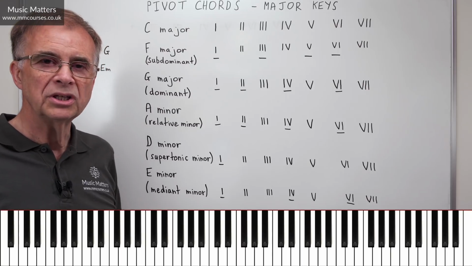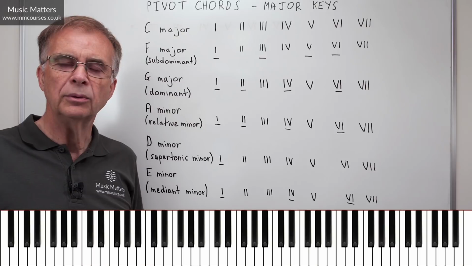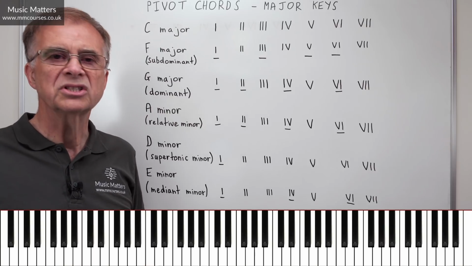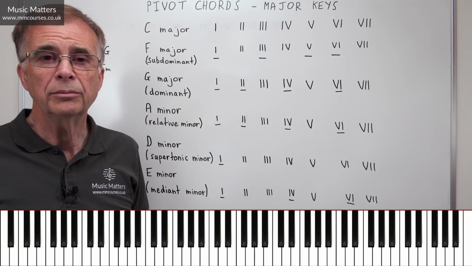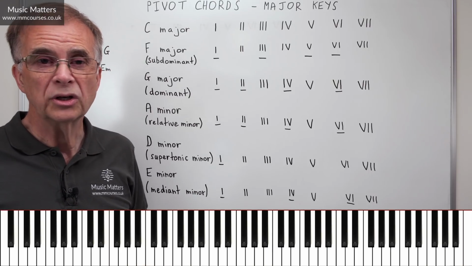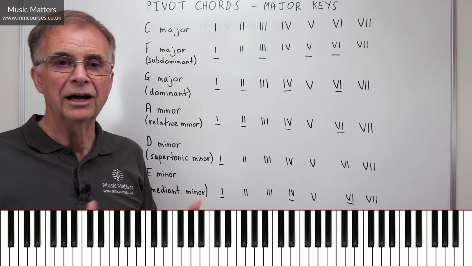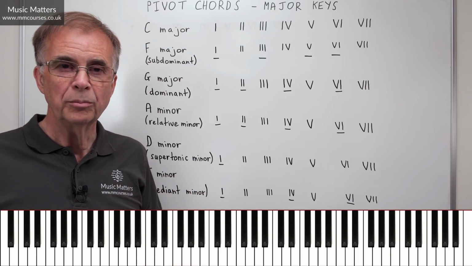You can see the problem about going further afield. If you want to modulate from C major with no sharps, no flats to a key with 6 sharps or 6 flats, you've got so many sharps or flats that you're going to be struggling to find a pivot chord. So you're not going to be able to do that kind of modulation using a pivot chord.